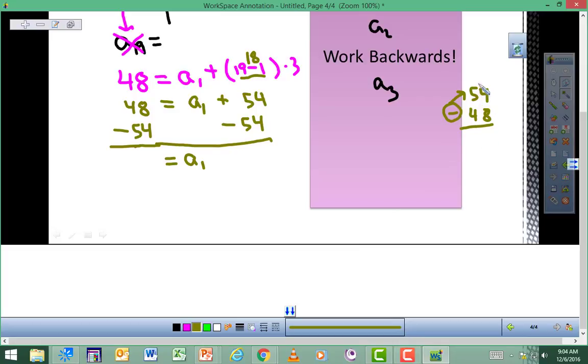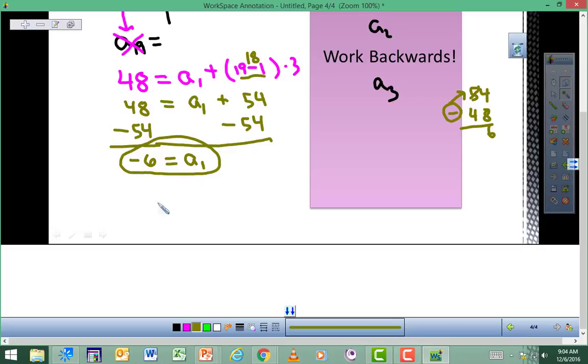So let's subtract here. That's 6. It's just 6, isn't it? Negative 6? That's negative 6, right? Well, so my very first term that would have started off this sequence would have been a negative 6.